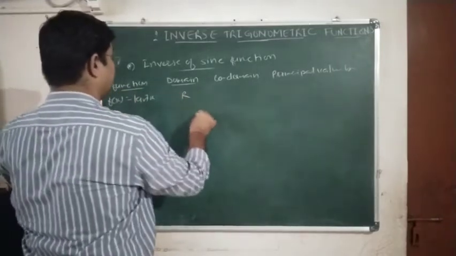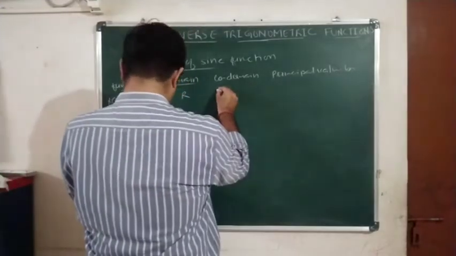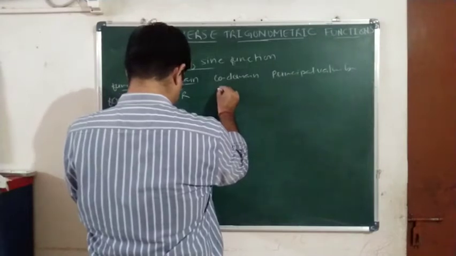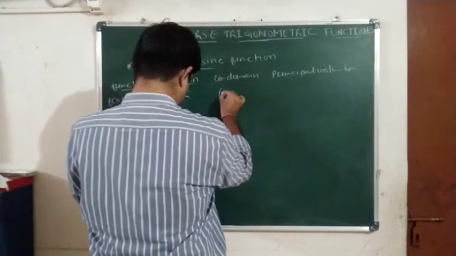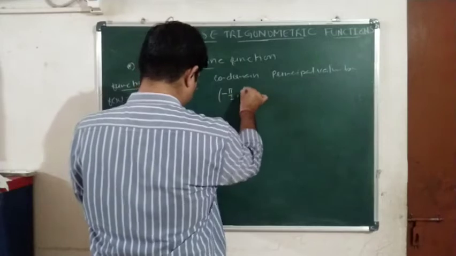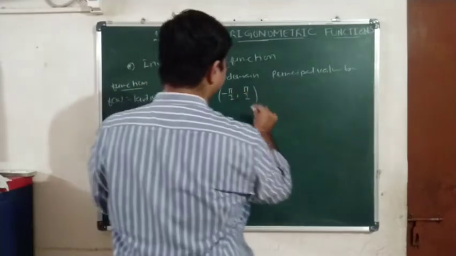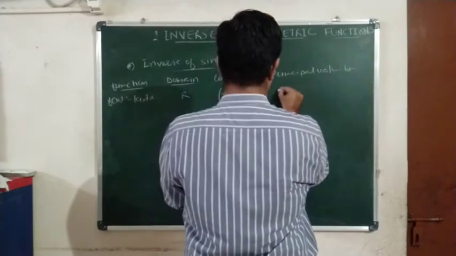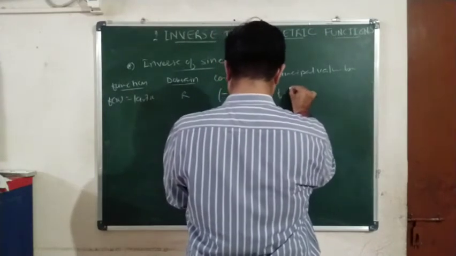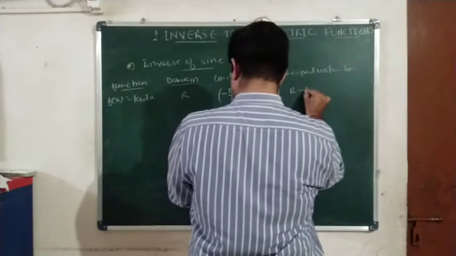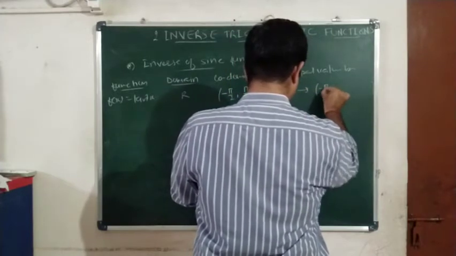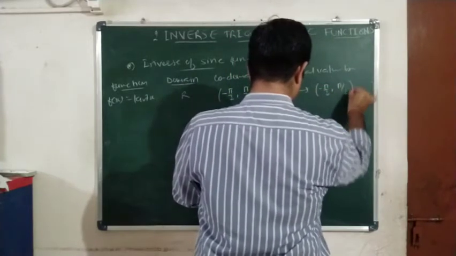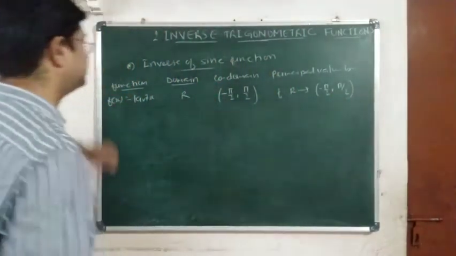Okay, domain is R. Codomain, or range, is minus pi by 2 to pi by 2. Okay, principal value branch is f from R to minus pi by 2 to pi by 2.